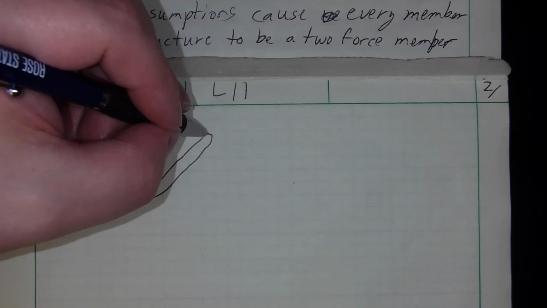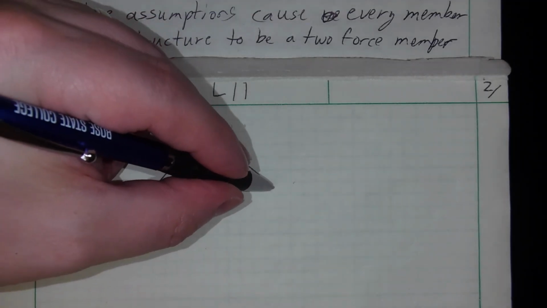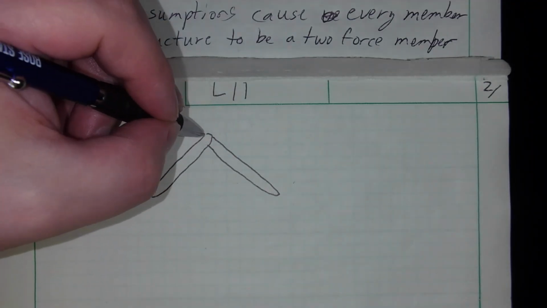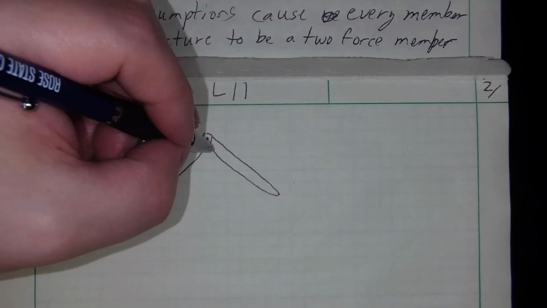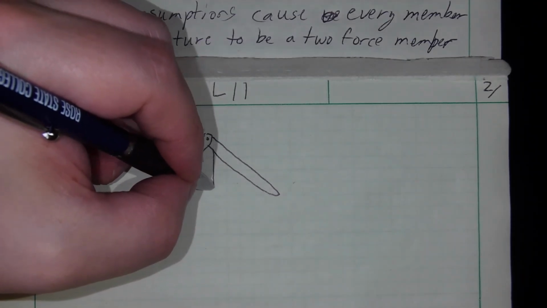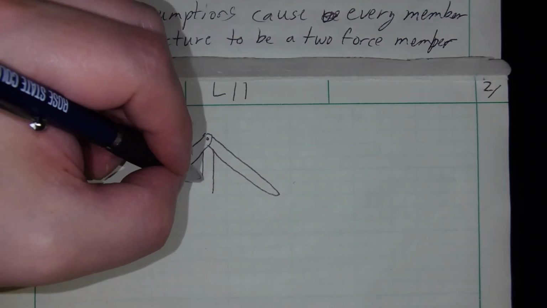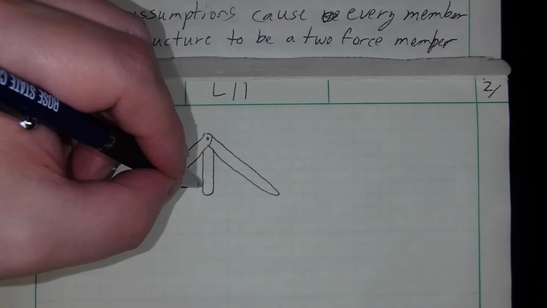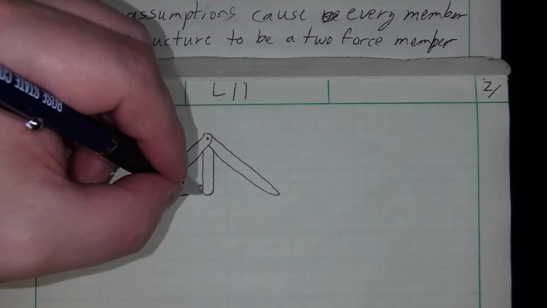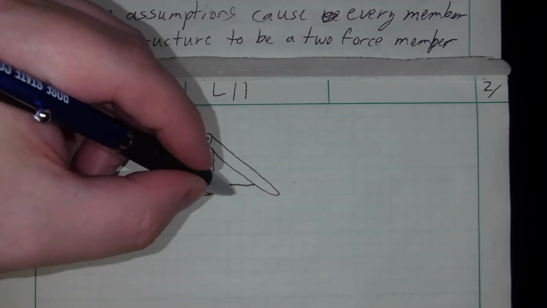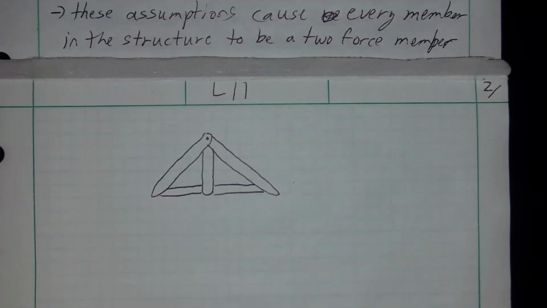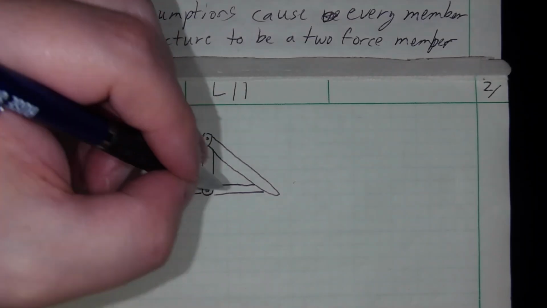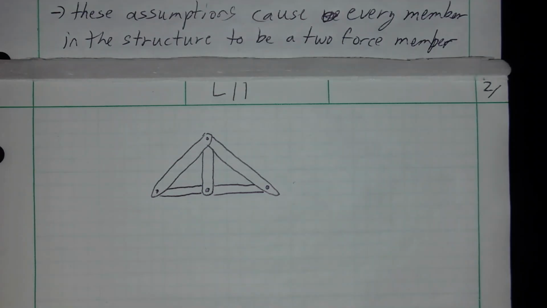It doesn't have to be exactly like that, and you get used to drawing overlapping where the endpoints just barely overlap. Something like this. And so we're going to have points, pins, connecting each of these.